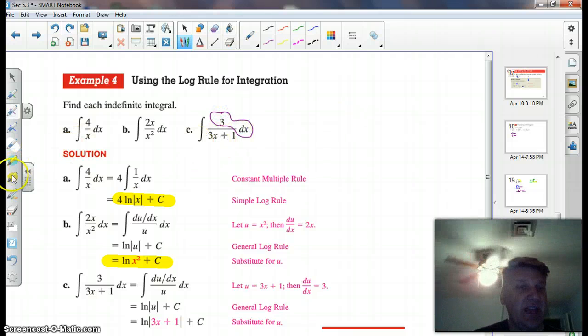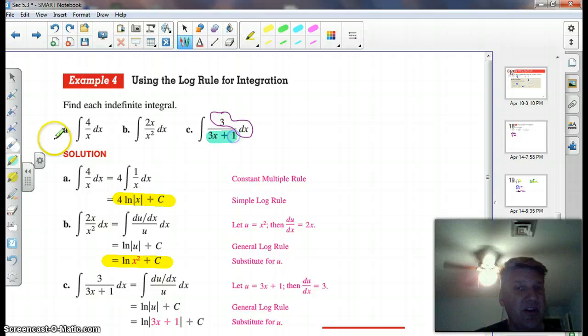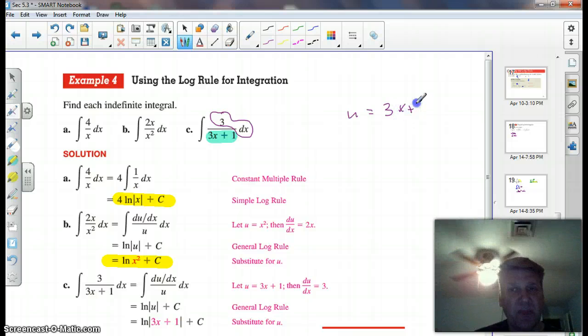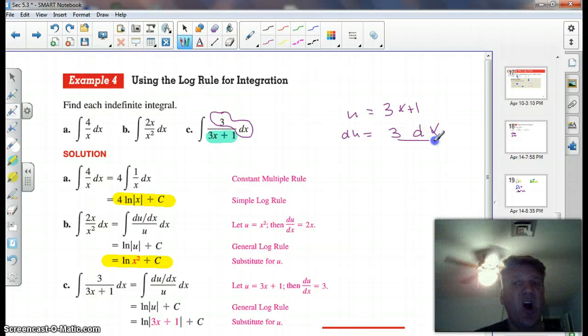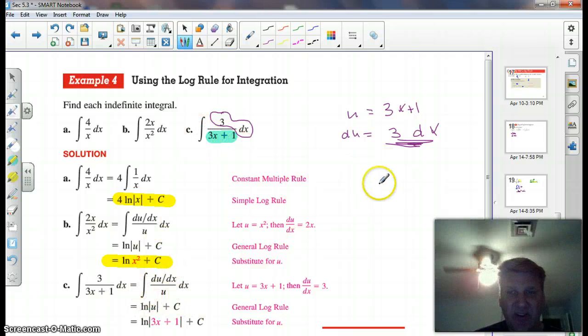If I were to let u be the denominator here, this one's even a little bit easier because my u substitution is 3x plus 1. And then notice when you take the derivative of u, you get 3 dx. So I'm replacing all of this 3 dx with my du. So I have the integral of 1 over u. The author writes it a little bit funny, so that's why I wanted to do this video.